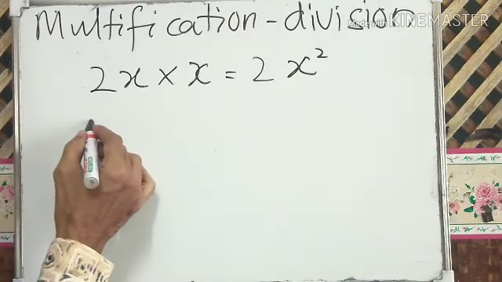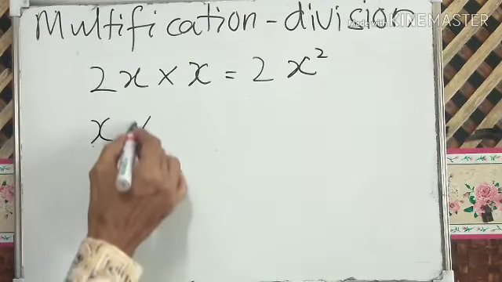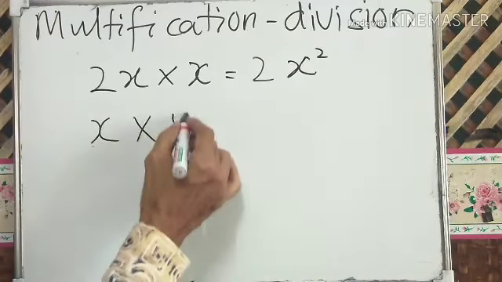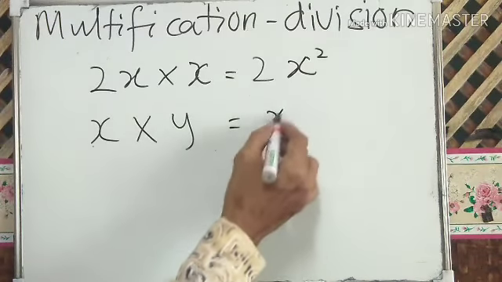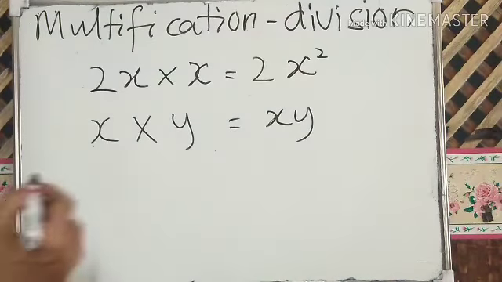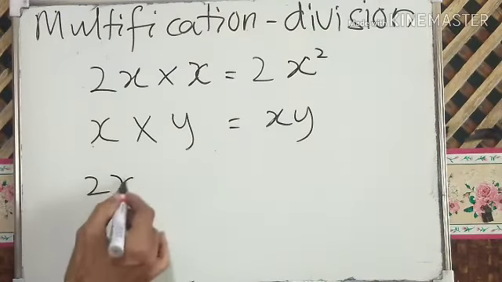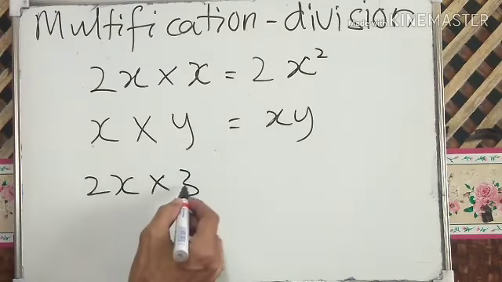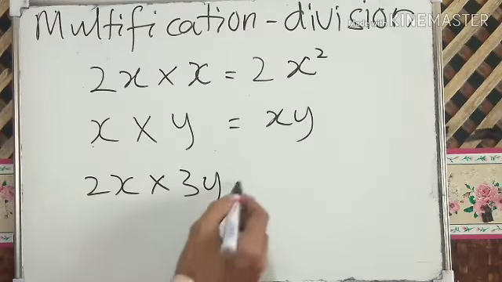We also can multiply unlike terms like this. It will be 2x multiplied with 3y.